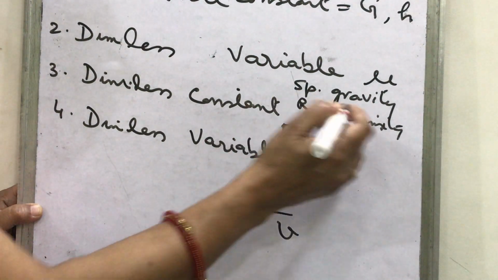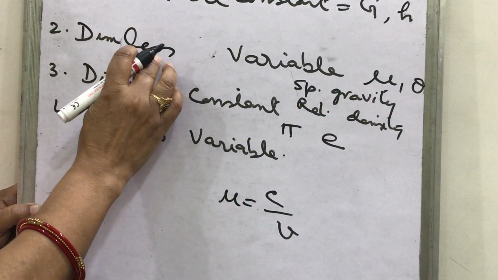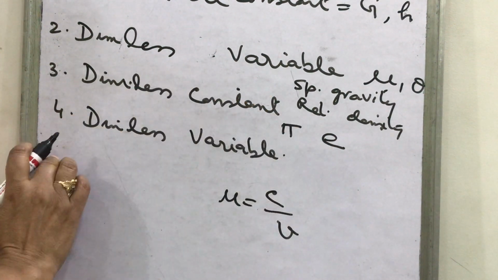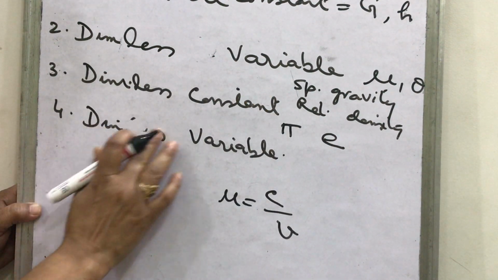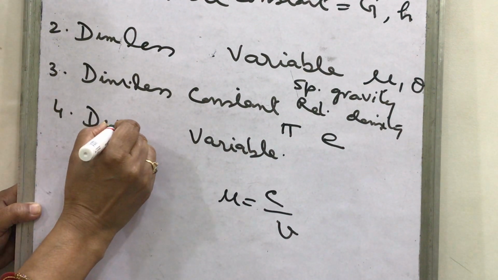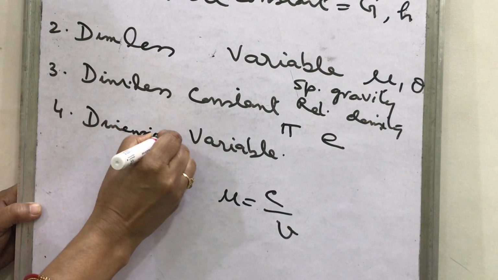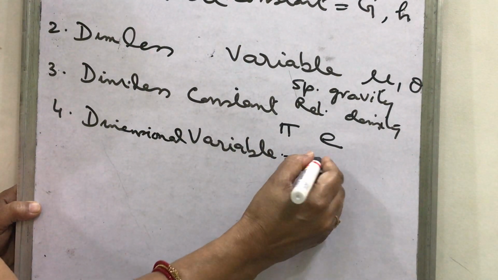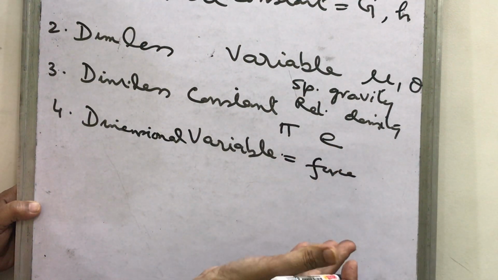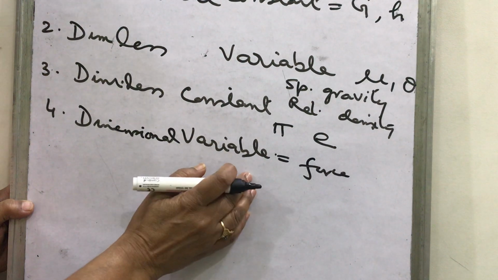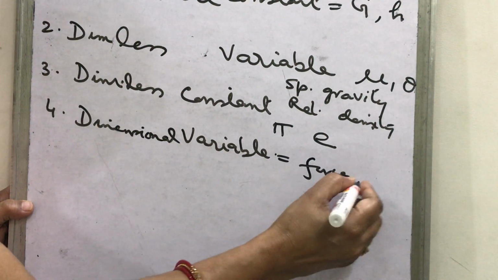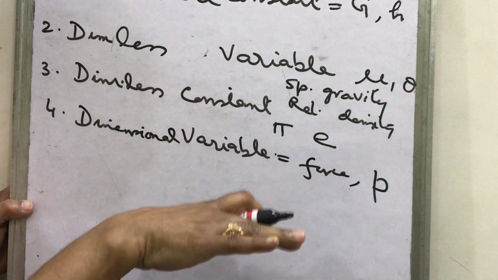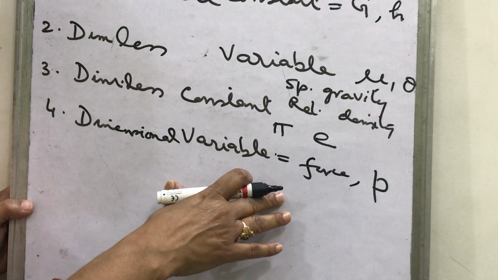Like this, an angle theta, these are dimensionless variables. Dimensionless constants are pi and e. Dimensional variables are quantities like force, which may be 5 Newton, 10 Newton, momentum p equals mv, energy, pressure.